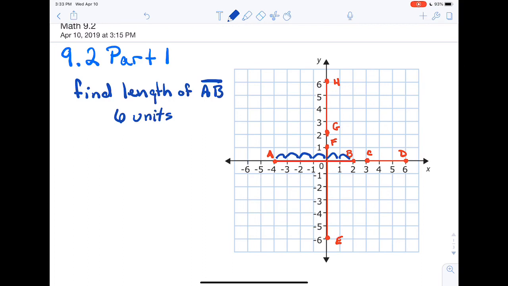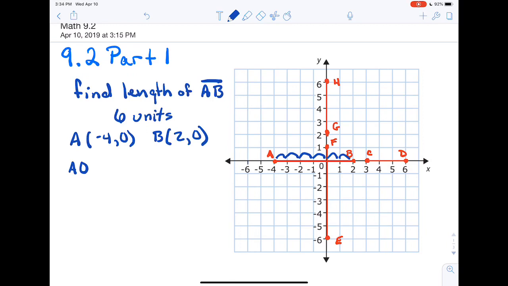We can just count. The second way we can do it is we can look at parts of the line and add them together. So if our line crosses the other axis, we're going to add those up. A has the coordinates of -4, 0, and B has the coordinates of 2, 0. So we're going to add up the two parts of the line. We're going to add up the part of the line that is A to the origin.